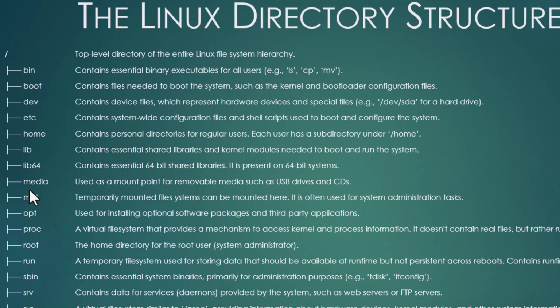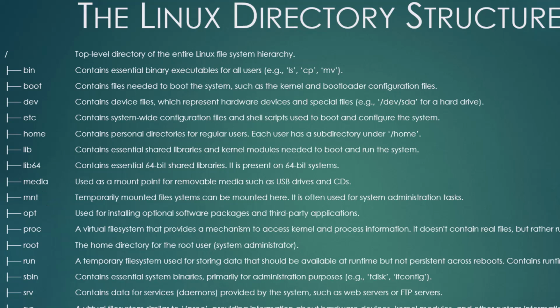There's a thing called media. Now, there's an interesting topic. It's called a mount point. The idea with Linux is I've got a USB, but I cannot use it until I mount it. And so I'll talk about mount in just a minute, but there is this media directory, and it's used as a mount point for removable media like USBs or CDs.